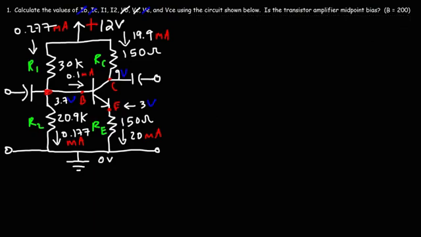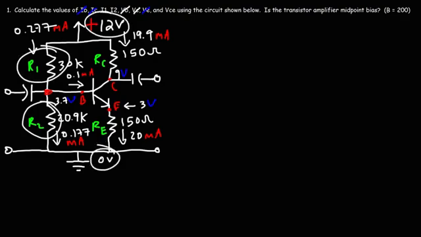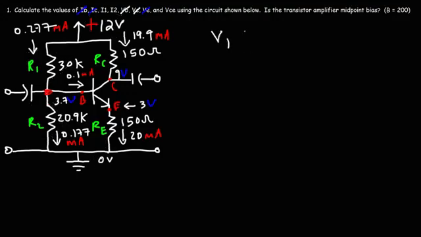Now let's check our work to make sure that we've done everything correctly up to this point. According to Kirchhoff's voltage law, especially for DC circuits, the voltage around a closed loop must add up to 0. In this case, the voltage across R2 and R1 should equal 12, the collector supply voltage. So we could say that V1, the voltage across R1, plus V2, the voltage across R2, should be equal to VCC if we did everything correctly. So the voltage across R1 is going to be I1 times R1 according to Ohm's law. And V2 is I2 times R2.